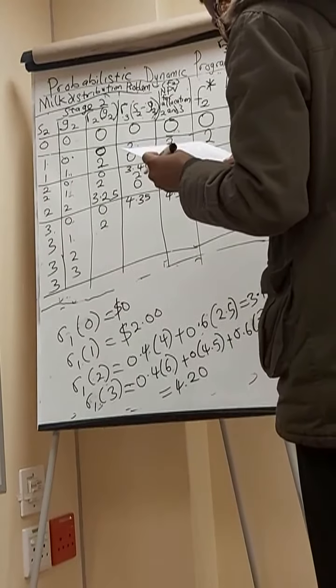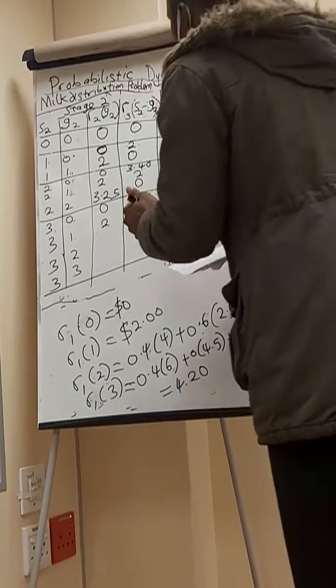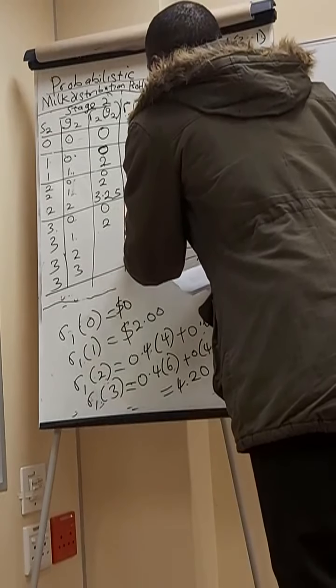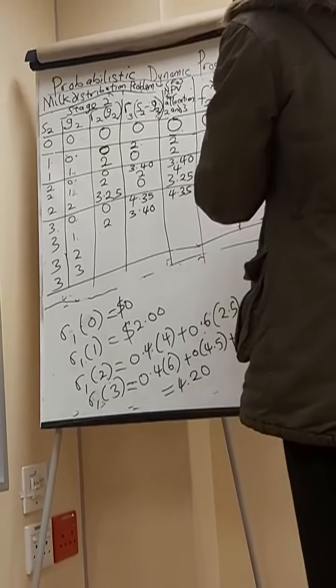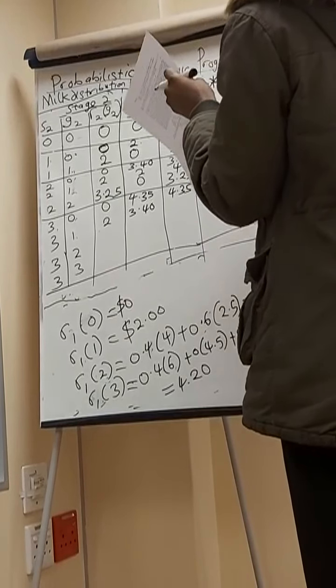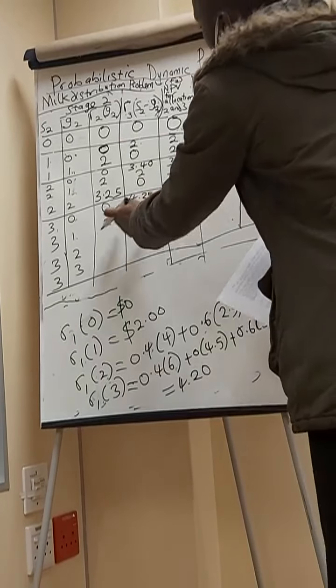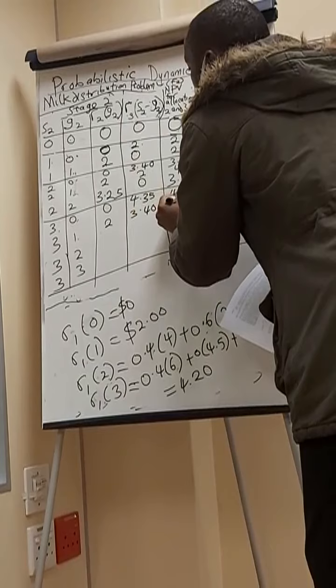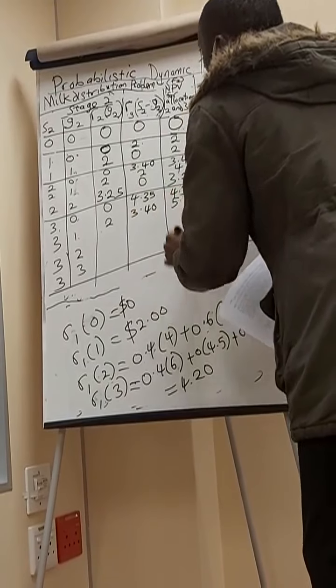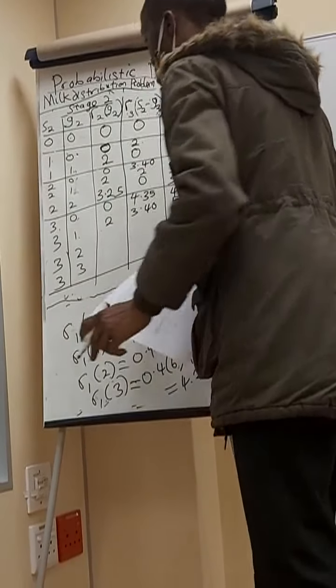Our R3 of 2 gave us 3.4, which is 3.48. If you add these together, this will give you 5.4.